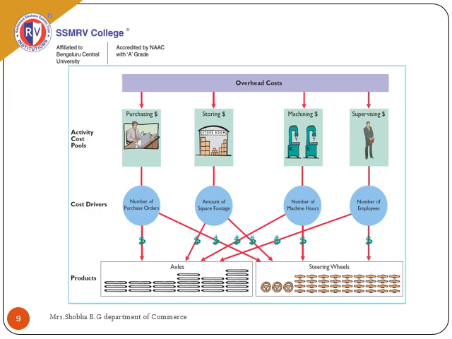So this chart is going to display some examples for the cost pools and cost drivers. In the chart you can see on the left side the activity cost pools, then cost drivers and the products. Under the activity cost pools there are 4 activities listed, and under the cost driver, how many times that activity has been performed.